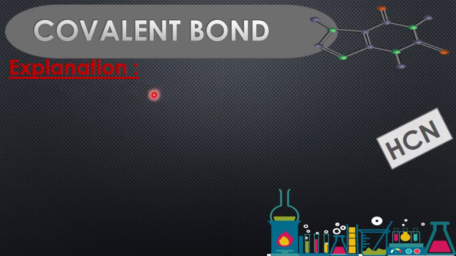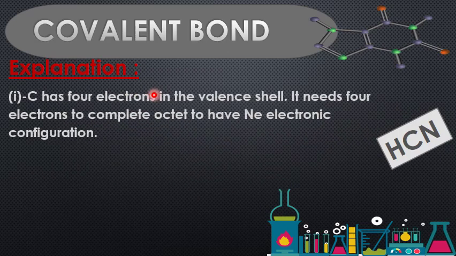So our first point was, yes, carbon has 4 electrons in the valence shell. So first we write the electronic configuration to understand the valence electrons. Then from valence electrons we will count the number of bonds it will make. So it needs 4 electrons to complete its octet to have neon electronic configuration, so it will make 4 covalent bonds.